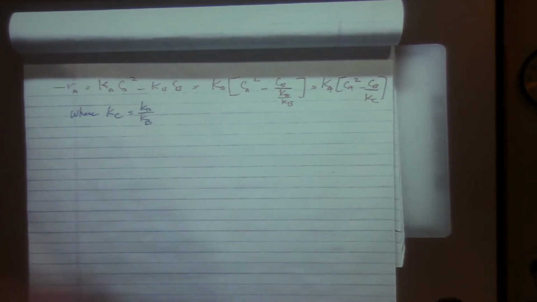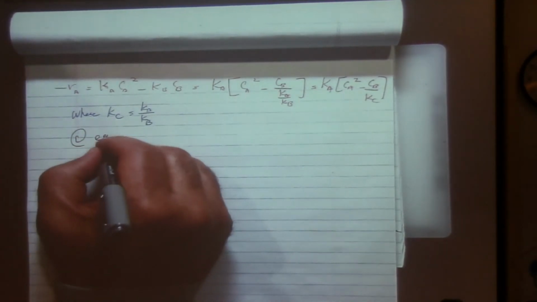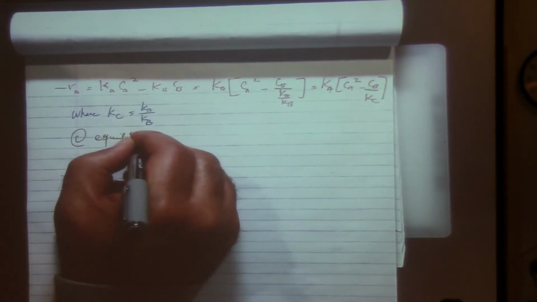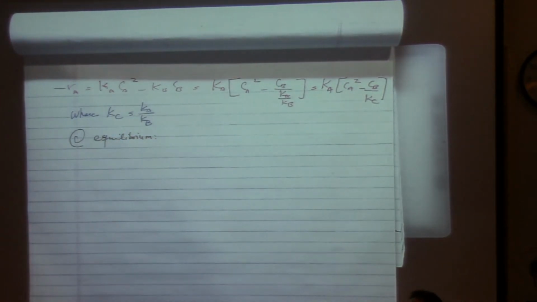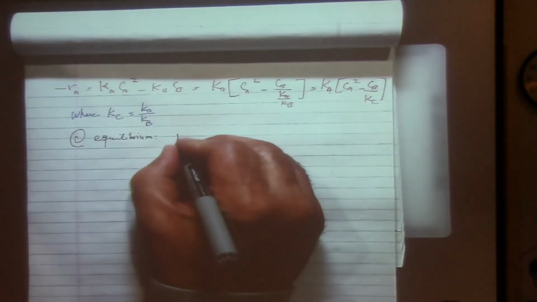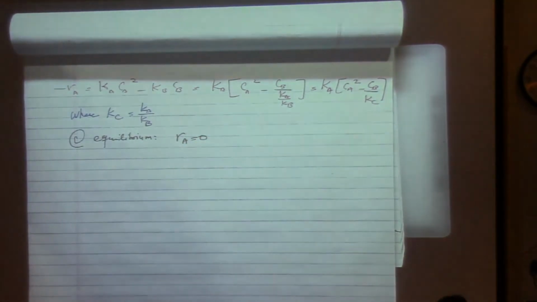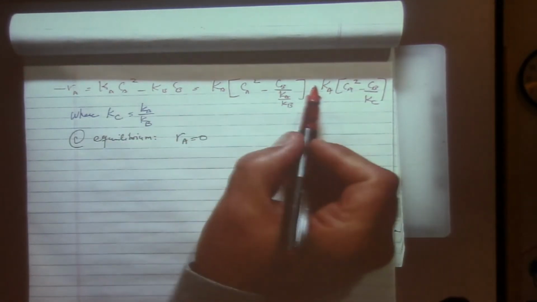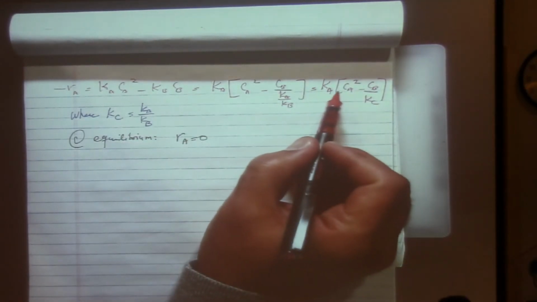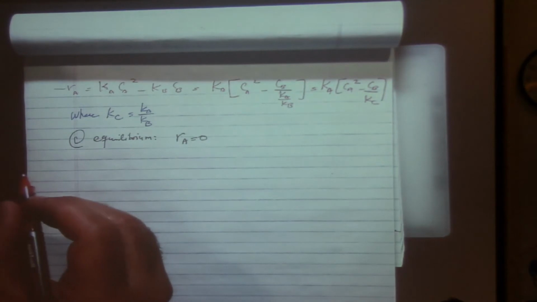So at equilibrium, what happens? What is the condition of equilibrium? The overall rate would be 0. So basically your RA would be 0, right? So you just equate this equation to 0 and then find the concentration from there.